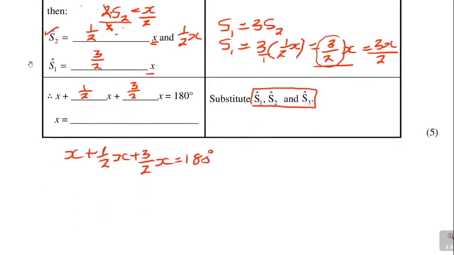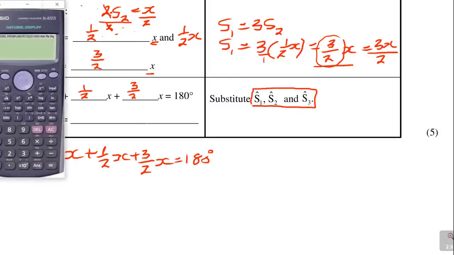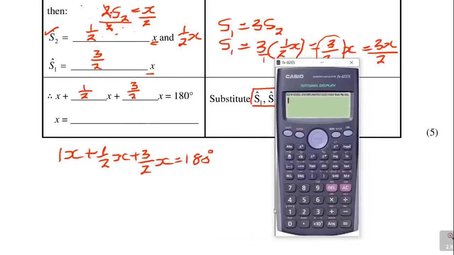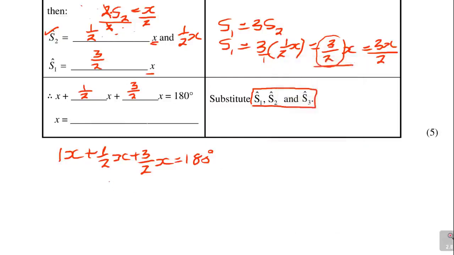All right, and then from there we are supposed to solve for X. So when you are solving, you just add these numbers: 1 plus 1 over 2, plus 3 over 2. What's the answer? It is 3. So what we have here is 3x is equal to 180 degrees.